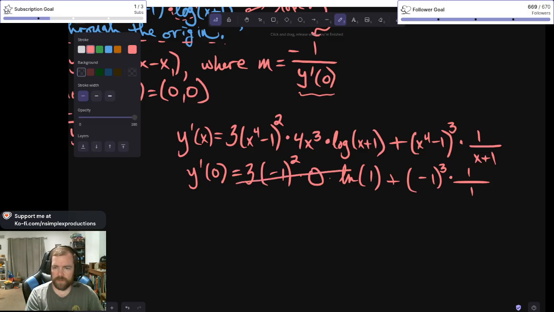So all of this stuff is now gone. Cleans up very nicely because we had to take the derivative of the inside of x to the fourth minus 1. Just becomes a single term.